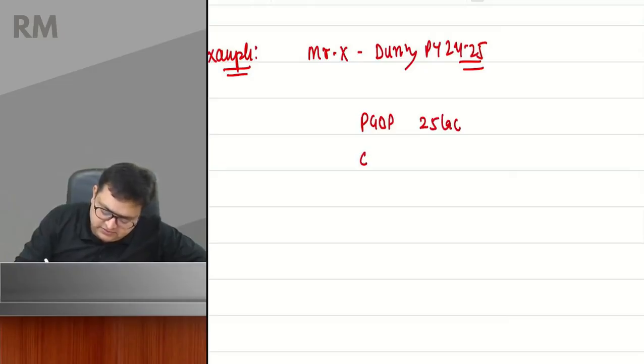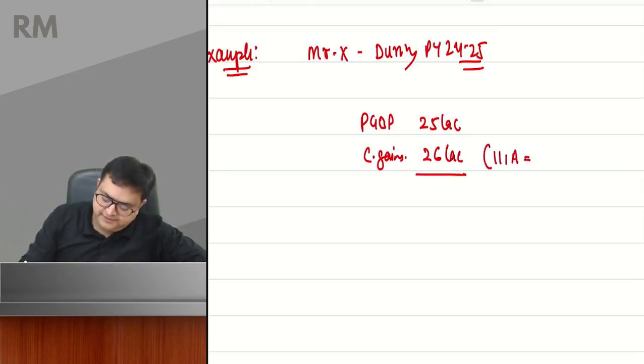His capital gains is 26 lakh, which includes 111A of 20 lakh and 112A of 4 lakh.